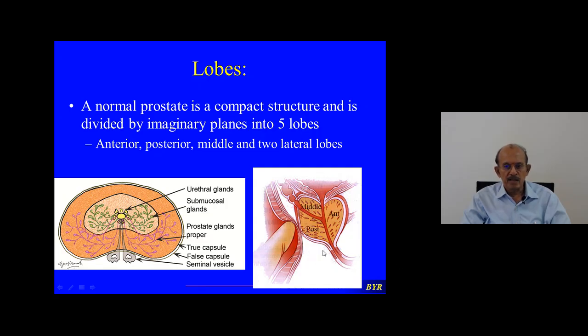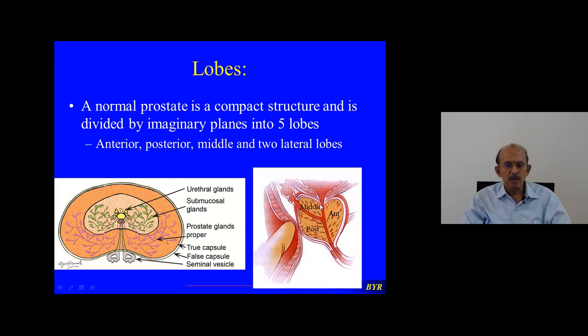You can see in this image, the anterior lobe is the one which is situated in front of the prostatic urethra. So the tissue of prostate situated anterior to the urethra is called the anterior lobe. Then posterior to the urethra, the prostate gland can be divided into two parts by the ejaculatory ducts.